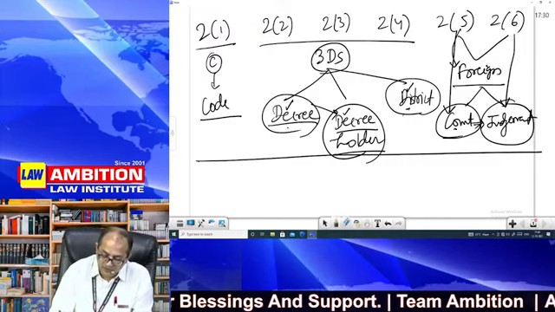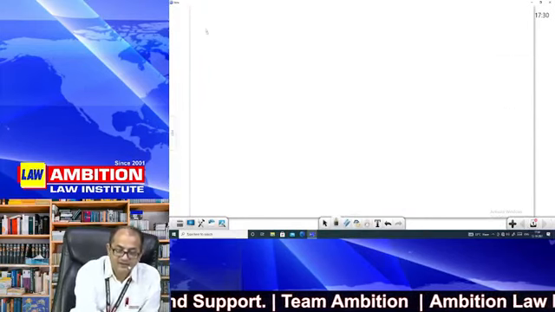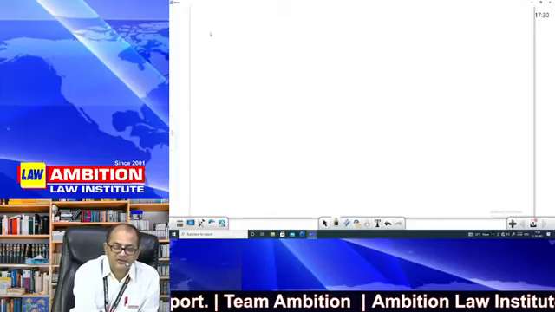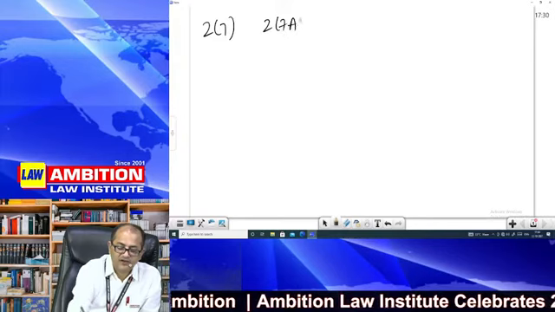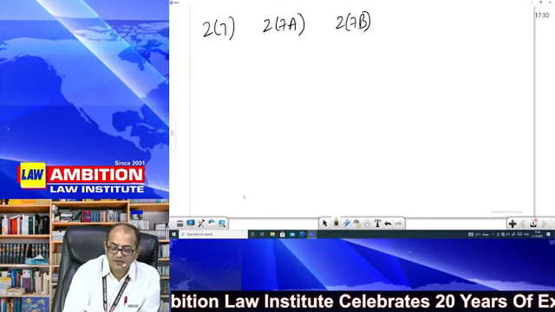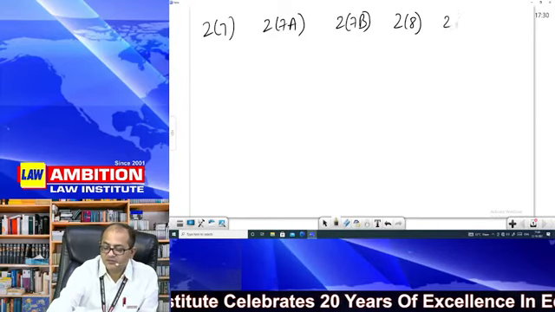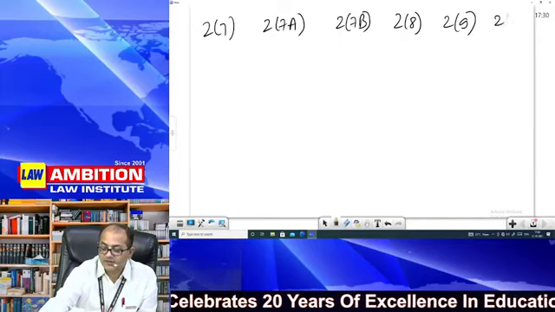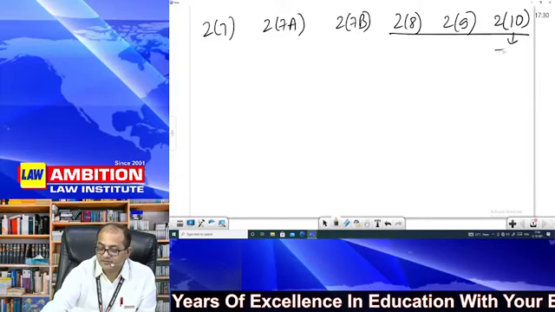Now, moving further. I said that the other words are not so important in 2.7, 7a and 7b. Then 2.8, 2.9, 2.10. 10 is J, everybody knows.